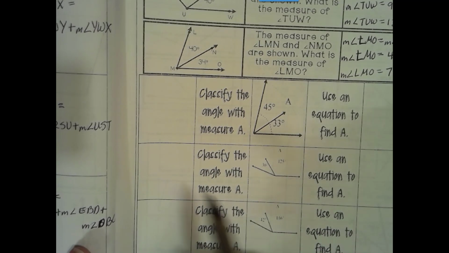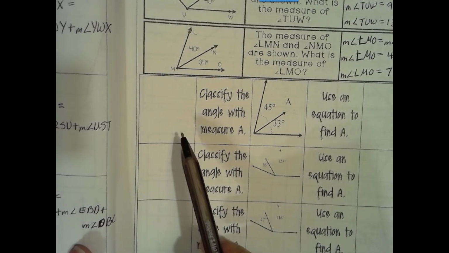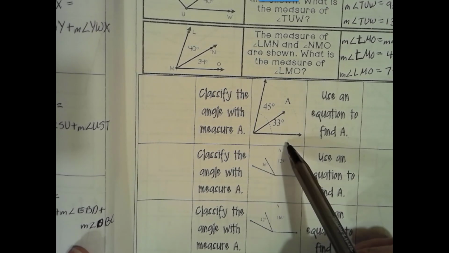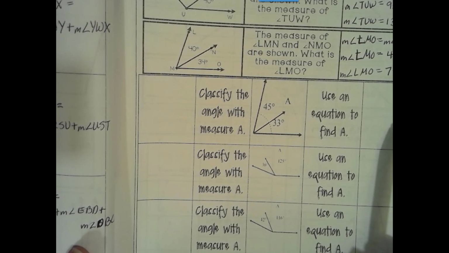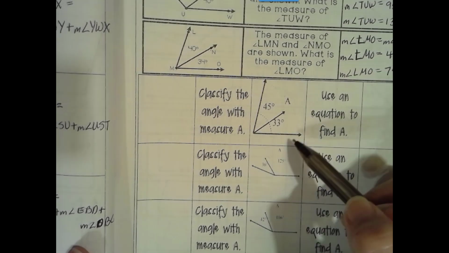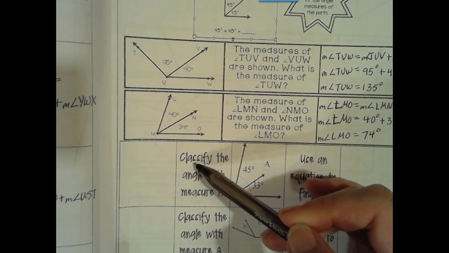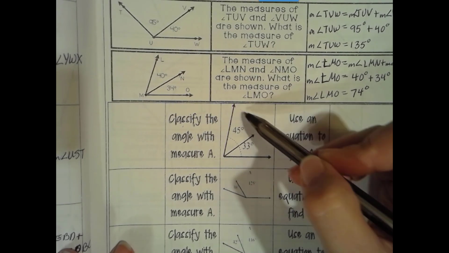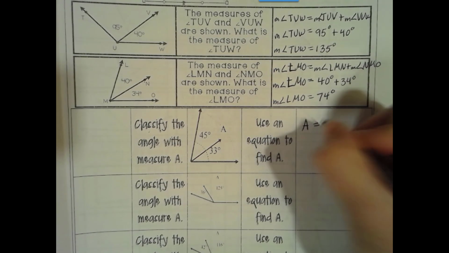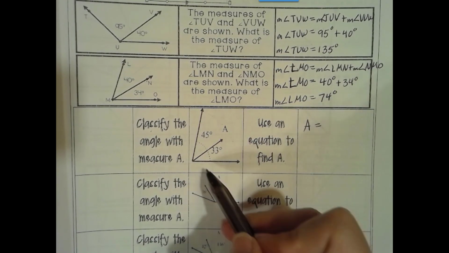All right. So here, we're going to be doing the same thing, but on this side, we want to also classify the angle. So it looks like this angle is less than 90 degrees, but I want to find out for sure. So here, instead of telling me letter names for points, like it did up here, it's just telling me that this large angle is A. So A is equal to these two smaller angles added together.